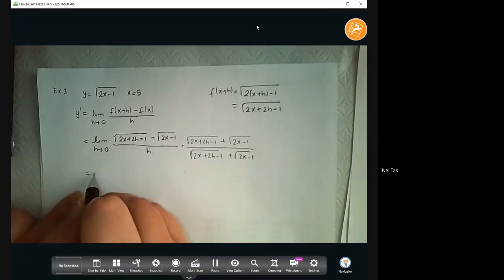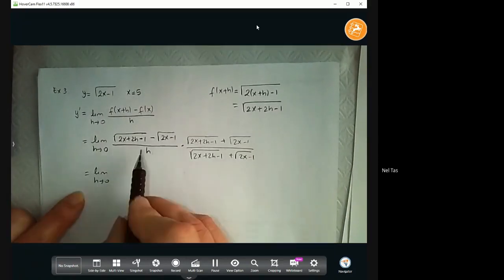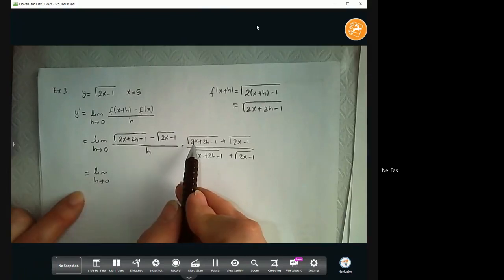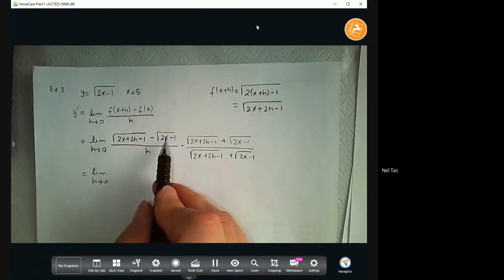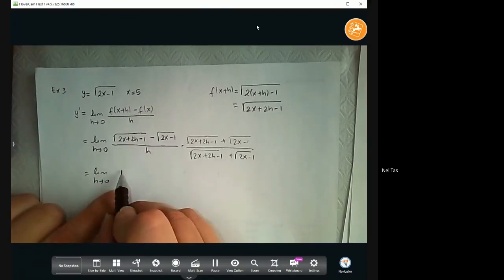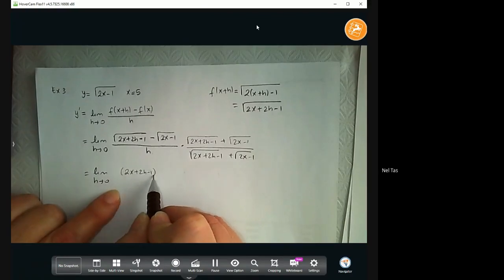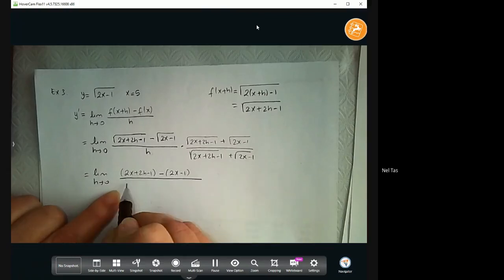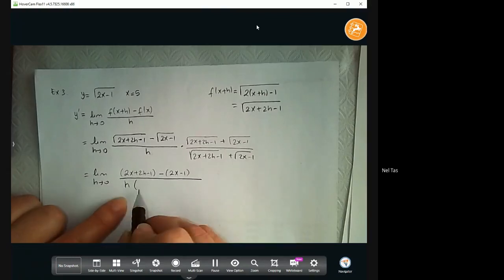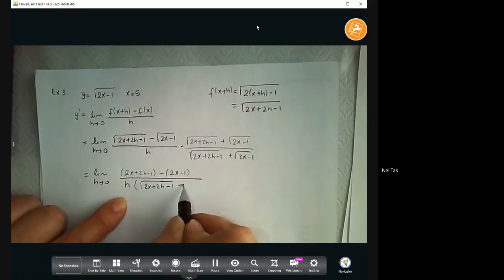So limit as h approaches 0, by multiplying with the conjugate, we created a difference of squares. So we get 2x plus 2h minus 1 minus 2x minus 1 over h times square root of 2x plus 2h minus 1 plus square root of 2x minus 1.